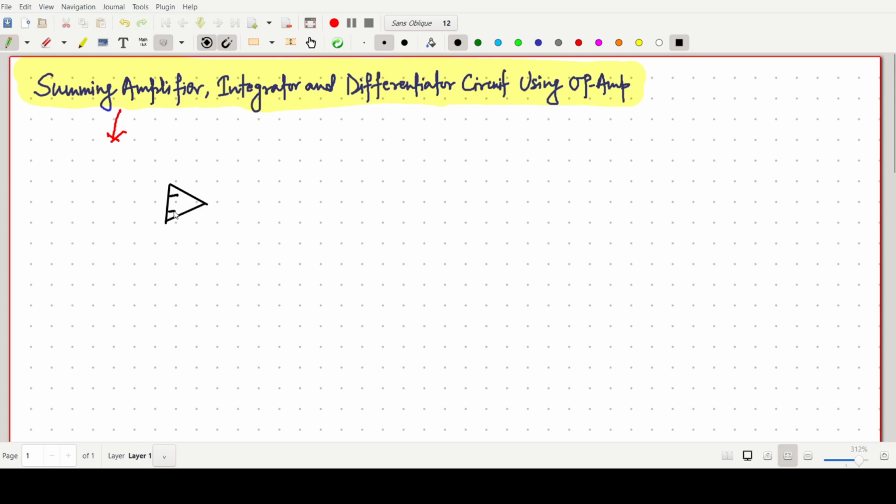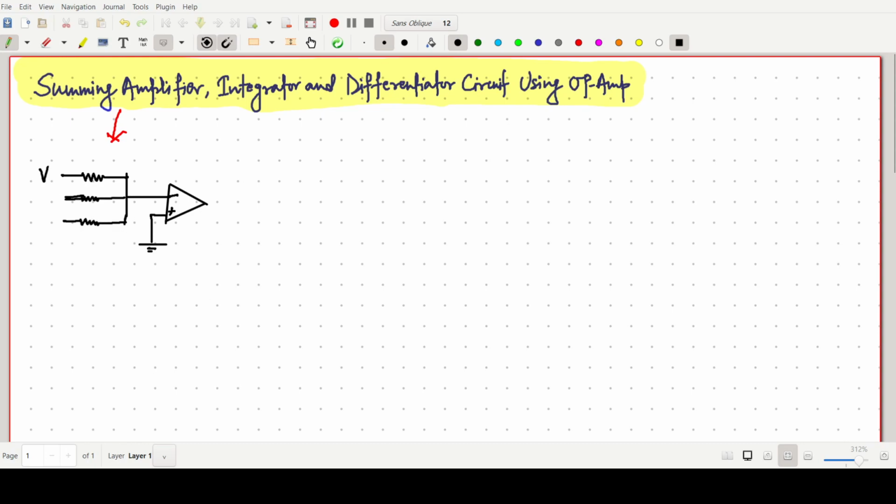This one is inverting in, non-inverting in, keeping the non-inverting terminal to ground, and we are just putting three resistances.